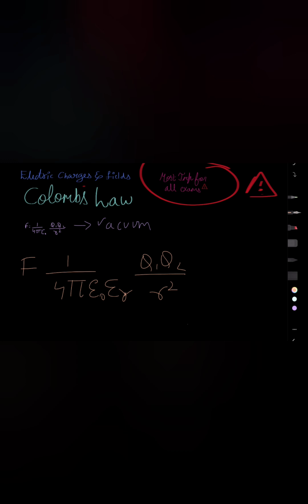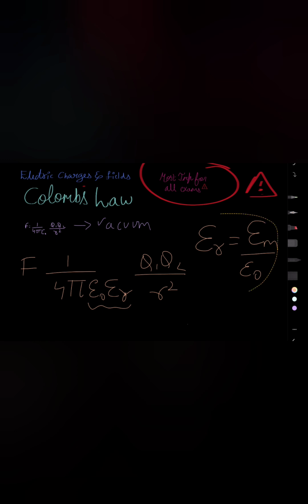Why have I taken epsilon naught and epsilon r in the place of epsilon naught? Because the relative permittivity is calculated with respect to vacuum. It will be epsilon of the medium divided by epsilon of vacuum, that is epsilon naught, the permittivity of vacuum.